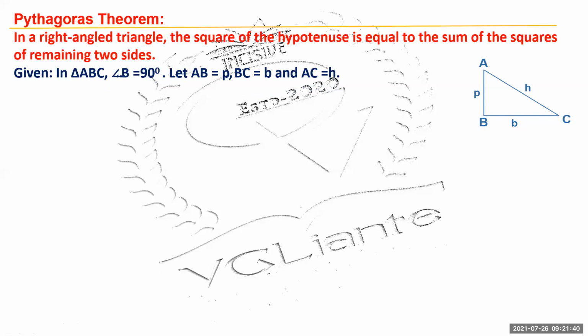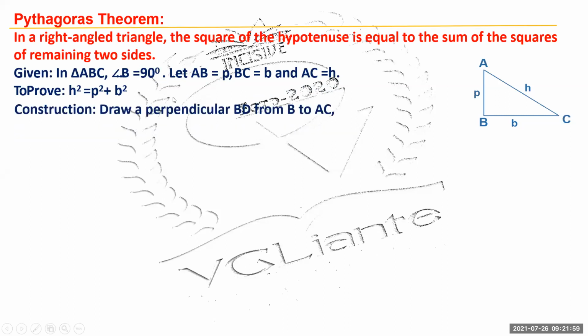Let AB equal P, BC equal B, and AC equal H. To prove: H square equals P square plus B square. Construction: draw a perpendicular BD from B to AC such that AD equals X and CD equals H minus X.